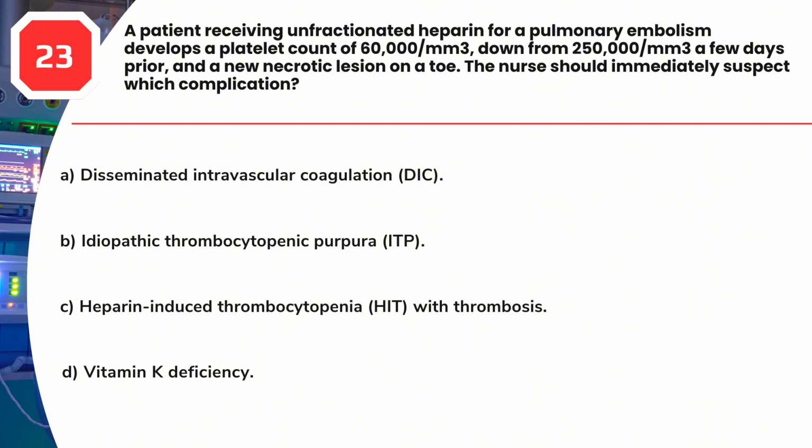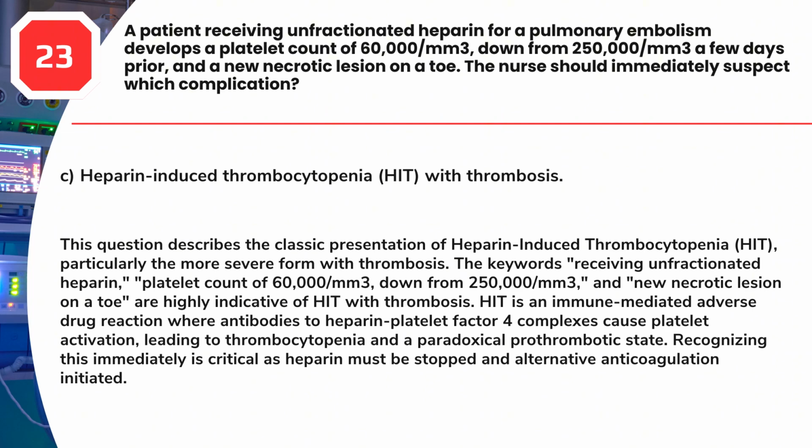B. Idiopathic thrombocytopenic purpura, ITP. C. Heparin-induced thrombocytopenia, HIT, with thrombosis. D. Vitamin K deficiency. Answer: C. Heparin-induced thrombocytopenia, HIT, with thrombosis.